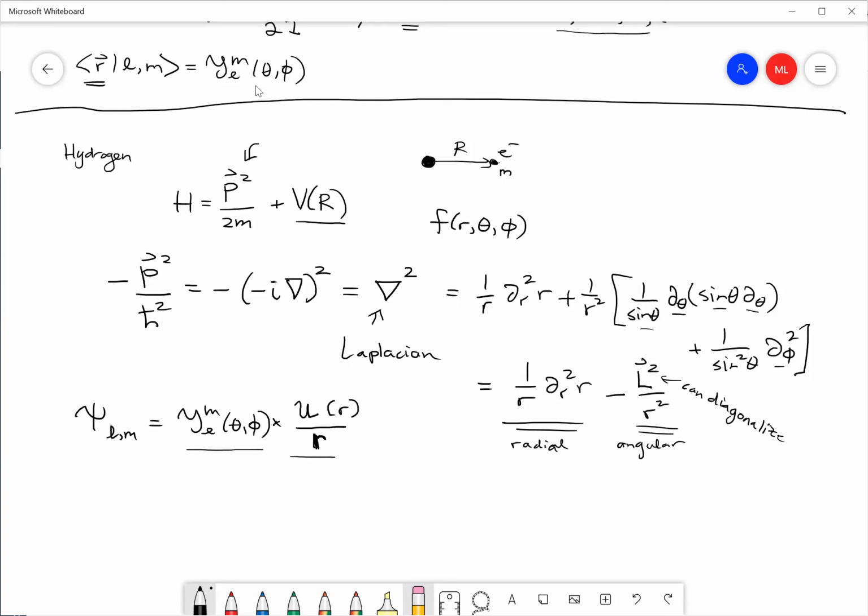So what can this depend on? Can it depend on, say, little m? Yes or no? All right, let's take a little vote. You guys can raise your hands if you think it can depend on little m.